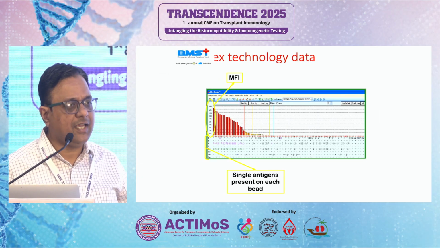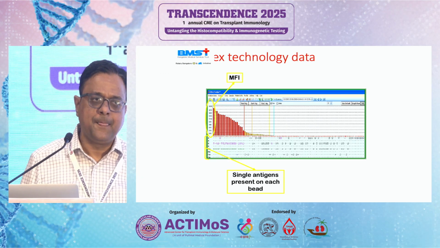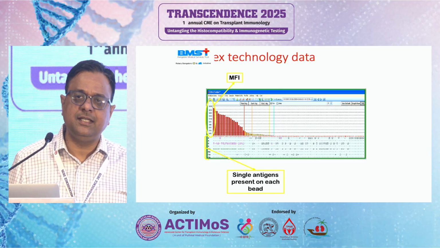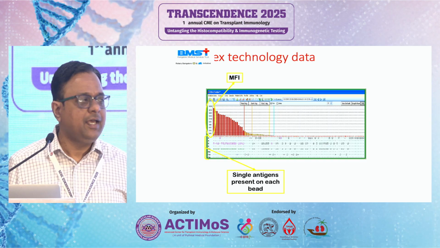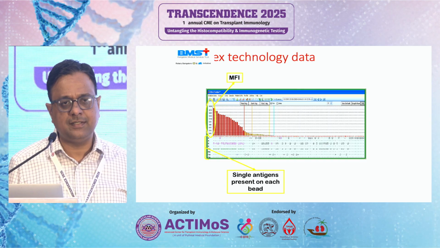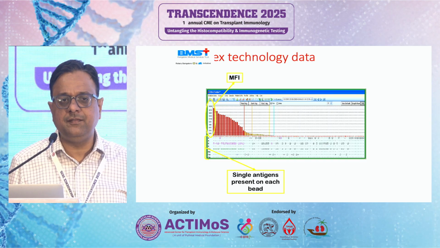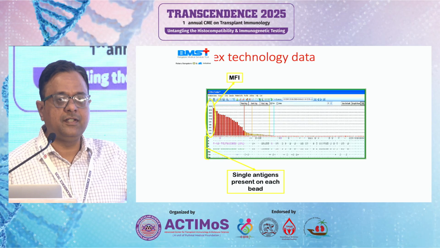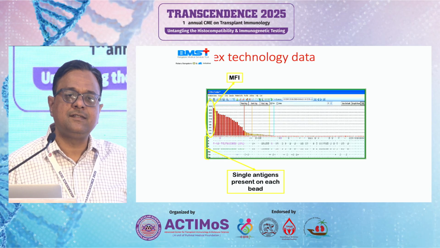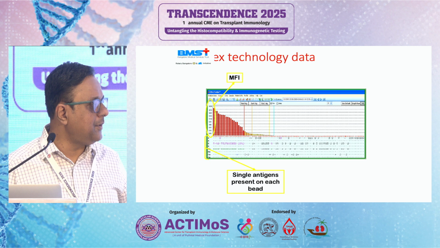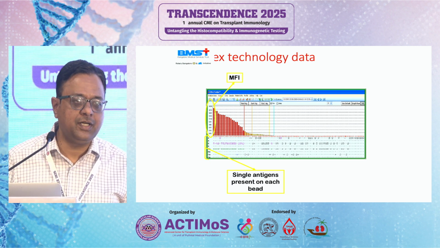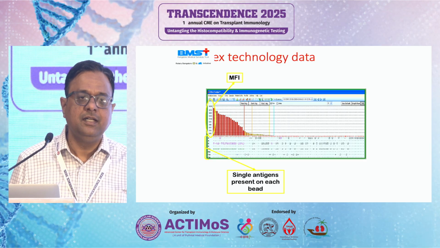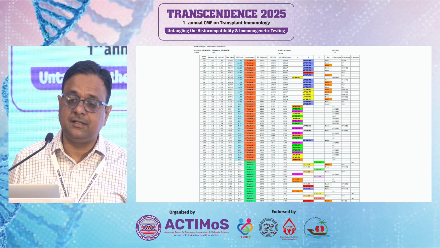On one side we have all the alleles of the basic clinically significant antigens provided by the manufacturer, and then we run this panel on the patient sample. On this panel we will come to know what all the antibodies the patient has developed and what the MFI value is. With the help of these two pieces of information, we can select the donor, monitor the transplant, do the desensitization and so on.